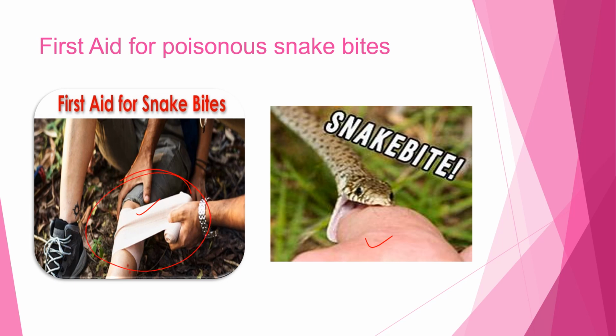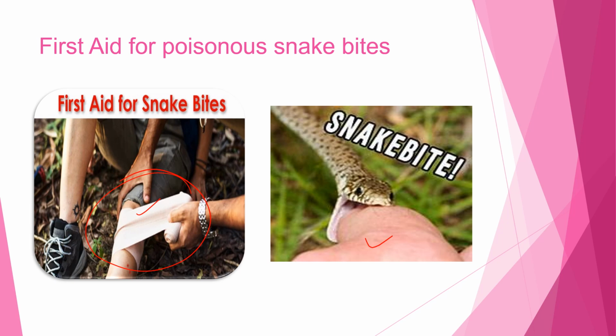You can see here the bitten area is being tightly bandaged. We should not give any alcoholic drink to the victim, and rather not any food or water, to keep the rate of metabolism slow. As soon as he eats or drinks anything, the metabolism becomes faster, the heartbeat increases, and the venom gets pumped.